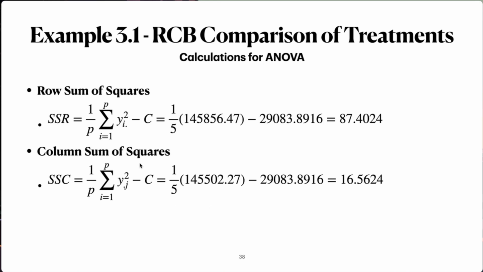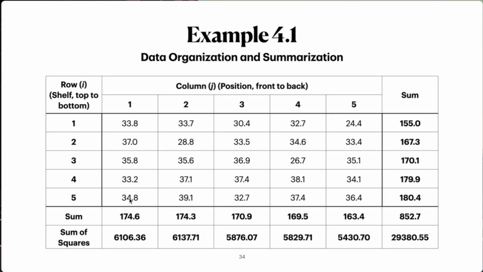Next, for the column sum of squares, we first add up the squared column totals. Again, let me go back to this first summary table. We square each of these values and add those squared values up.